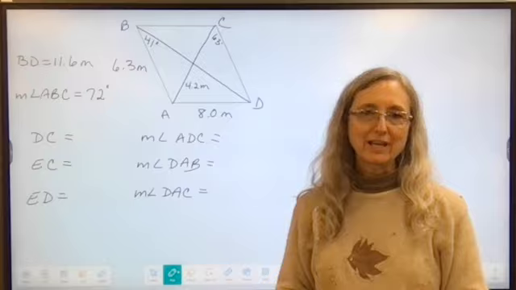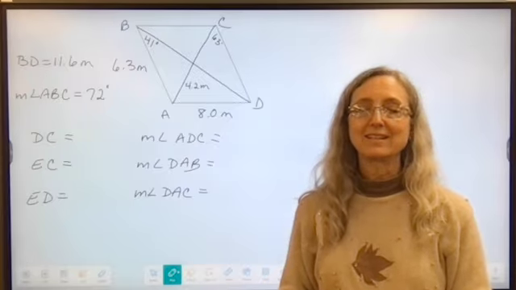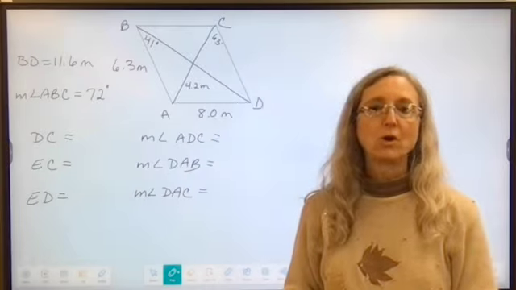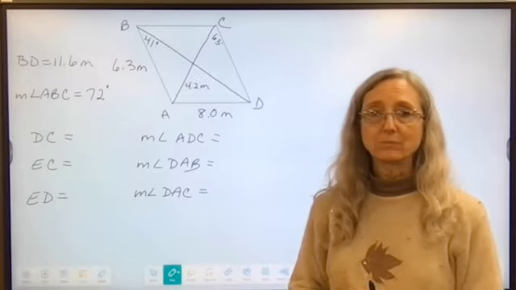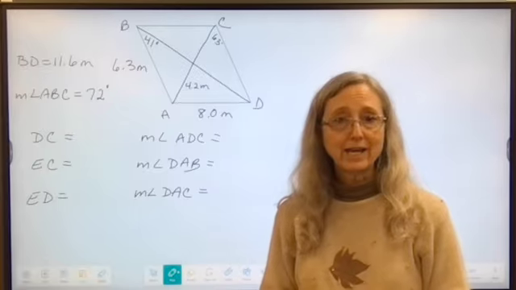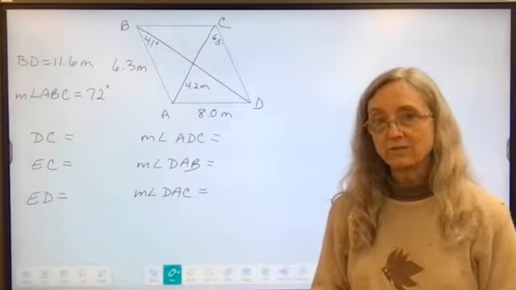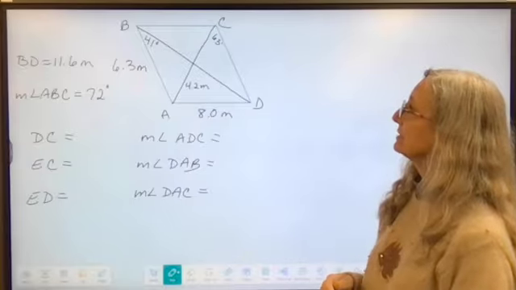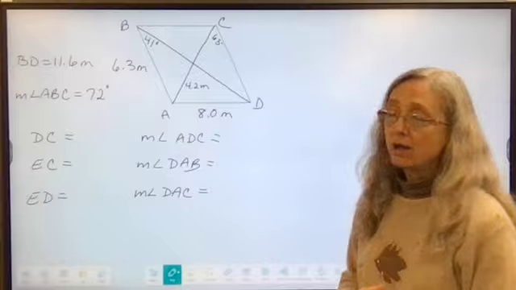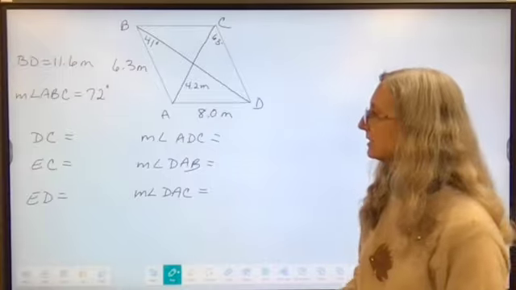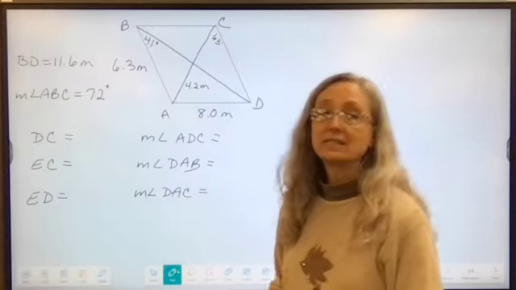Here's an example of the kind of problems that you could get in a homework or a quiz or a test. There's a parallelogram on the board with the two diagonals drawn, and there are several labels on it. This is parallelogram ABCD. From this information, can you find the length of DC?